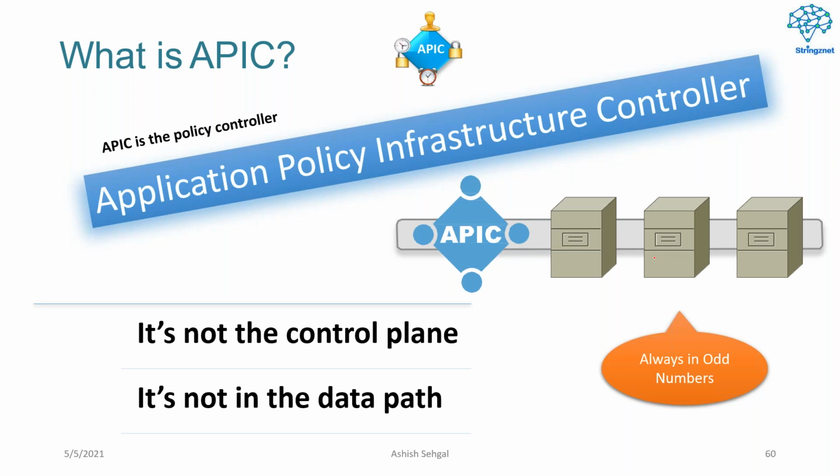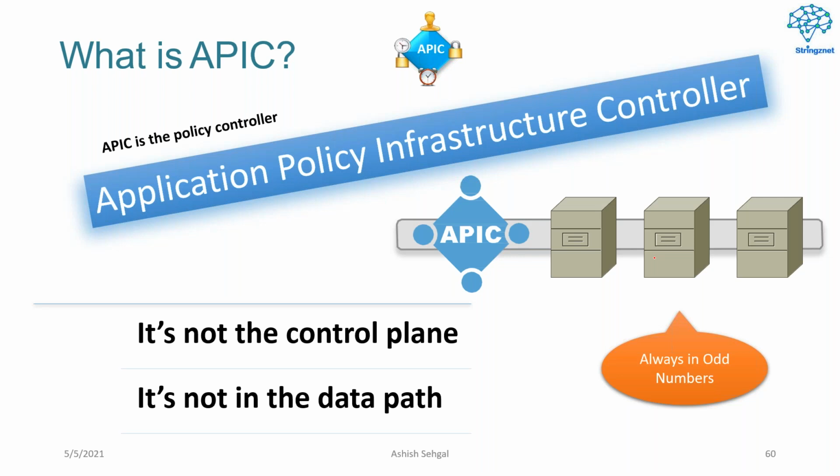These servers, ideally, are always placed in a cluster of odd numbers, that is 1, which is not recommended in a production environment, because if one and only one goes down, we are completely lost to do the configuration.